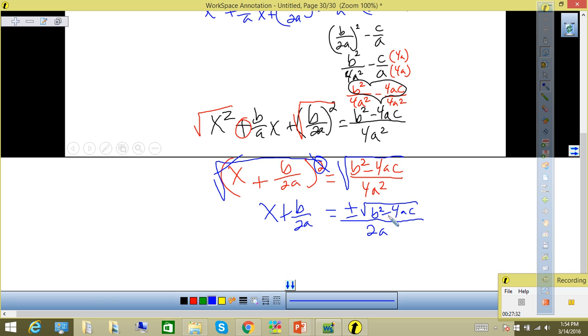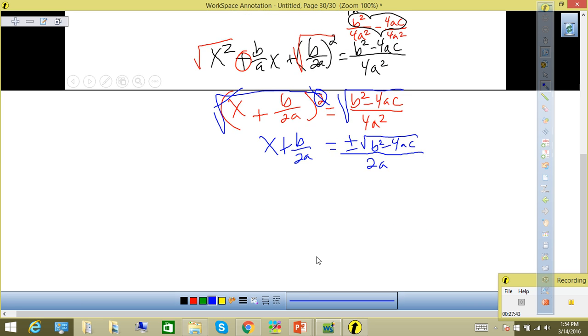Once again, why couldn't we take the square root of the numerator, everyone? Because it has a subtraction inside, right? We can only do it if there's multiplication throughout. Continue from there. Callista, what do I do? Subtract b over 2a, subtract b over 2a.